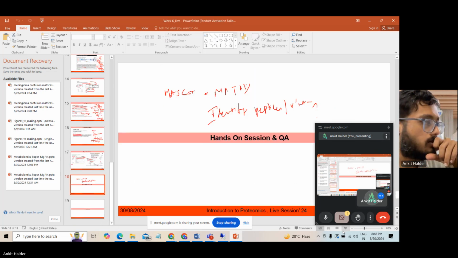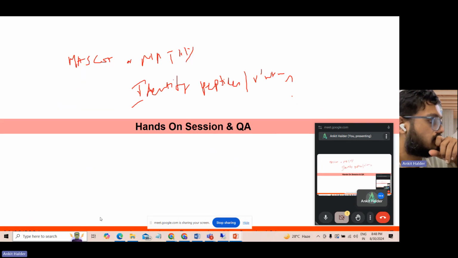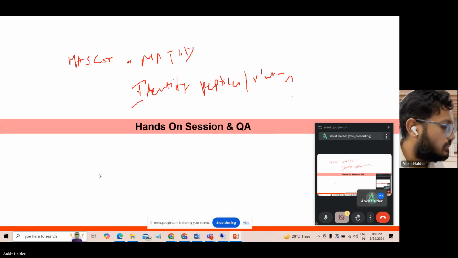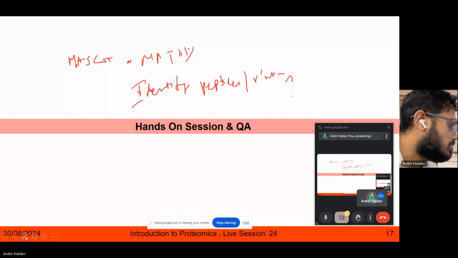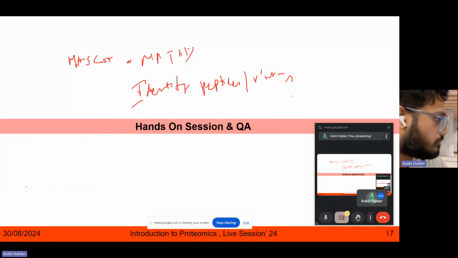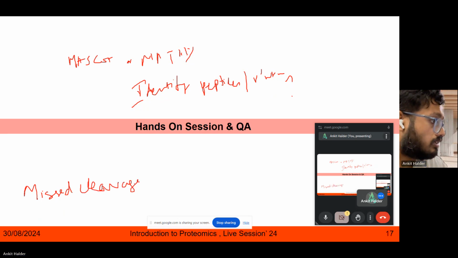If I talk about cleavages, what is the meaning of the term missed cleavage?